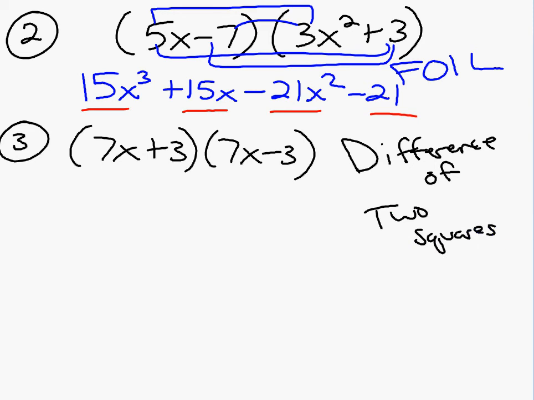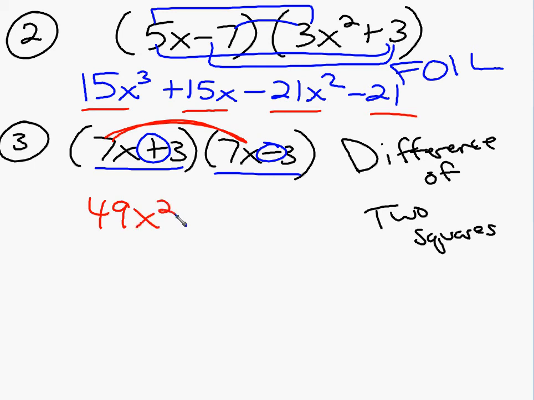Well, if you look at these two binomials, these two are exactly the same, except one is a plus and the other one's a minus. When that is the case, all I have to do is multiply these two together and get 49x squared, multiply these two together and get 9, and then put a minus between them. That's all I have to do. That's why it's called the difference of two squares.